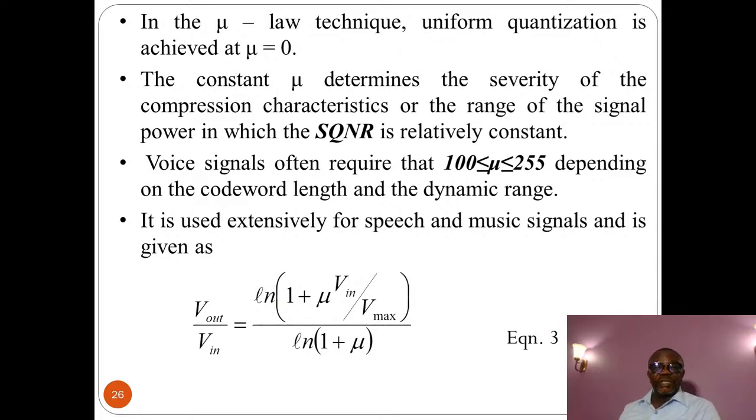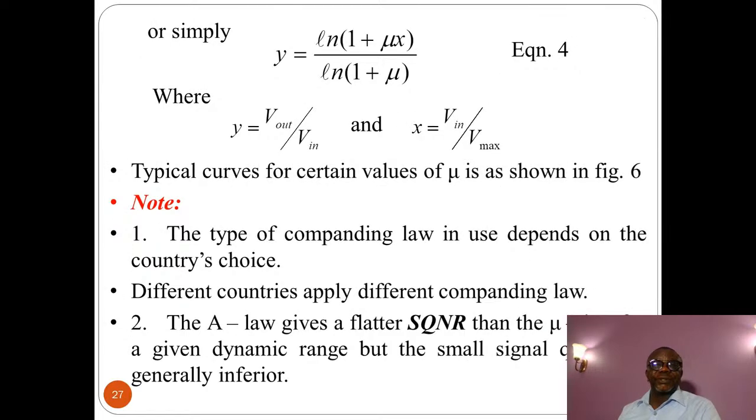It is used extensively for speech and music signals and is given as V out over V in equals natural log of 1 plus mu into V in over V max, over natural log of 1 plus mu. Call that equation 3.